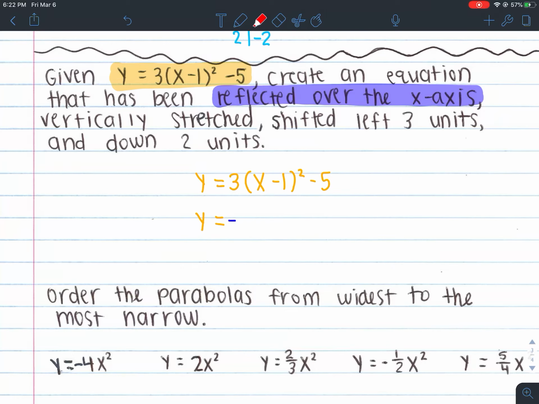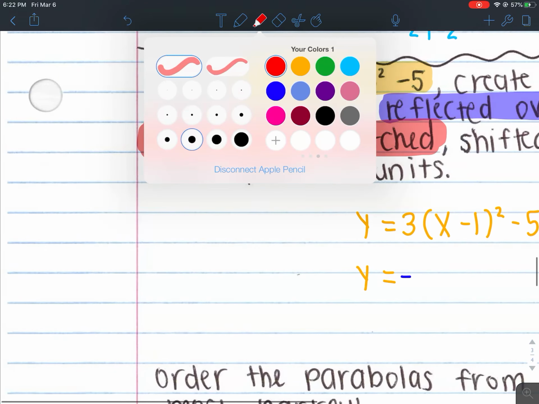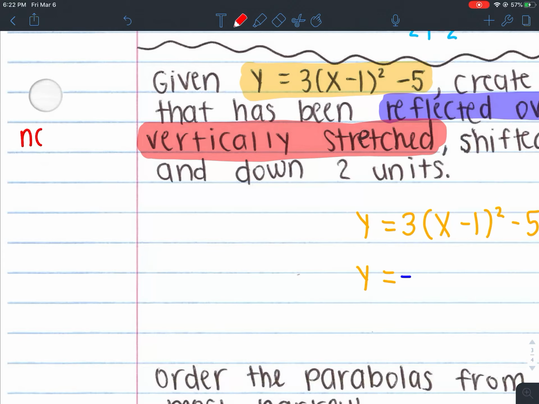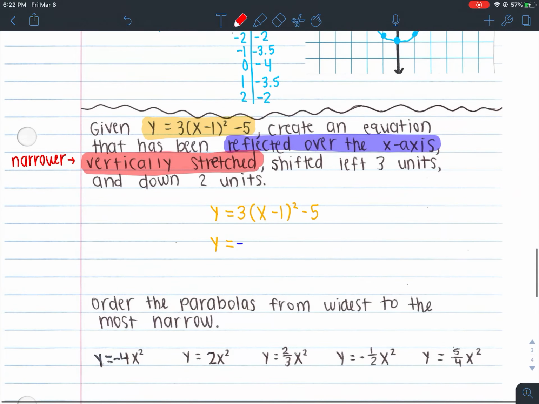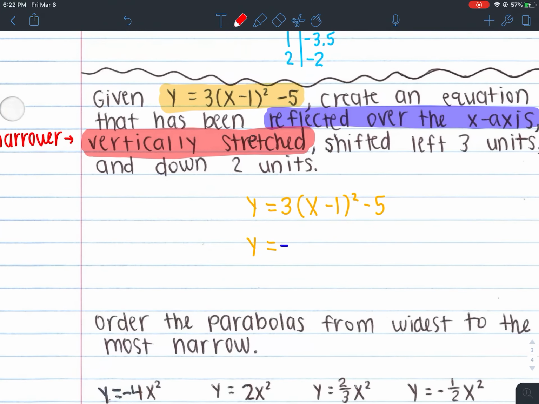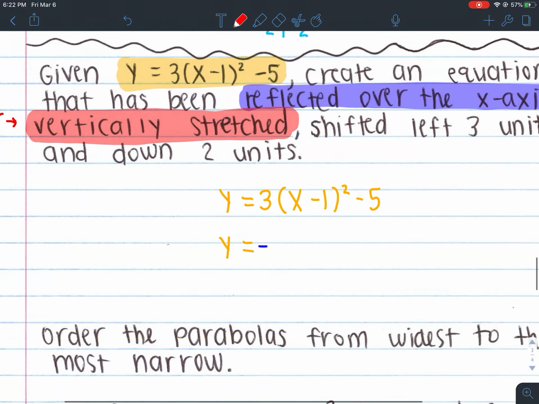The next thing it says is to vertically stretch it. So does vertically stretching it make it more narrow or wider? It makes it more narrow. Vertically stretching it, I'm pulling on the y-axis, so it would basically stretch out my parabola and make it really tiny, right? So if I'm vertically stretching it, that means I need a bigger number.